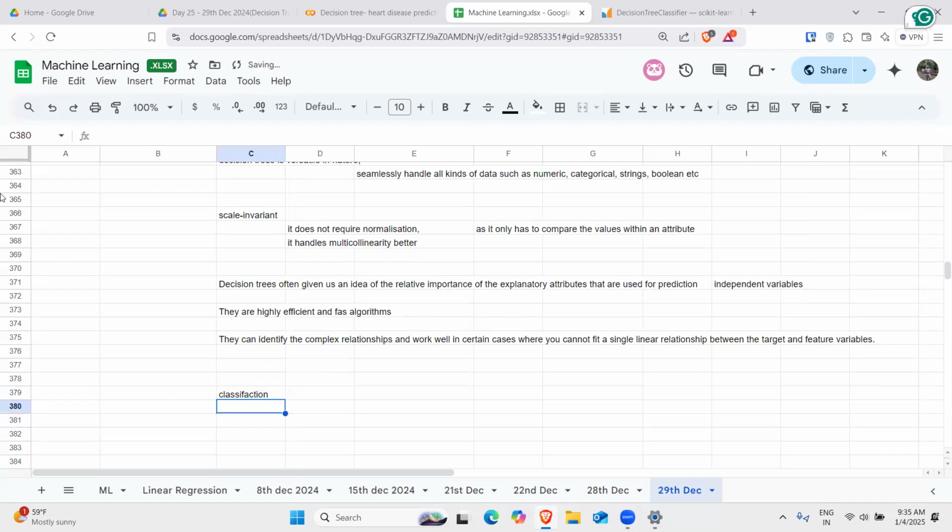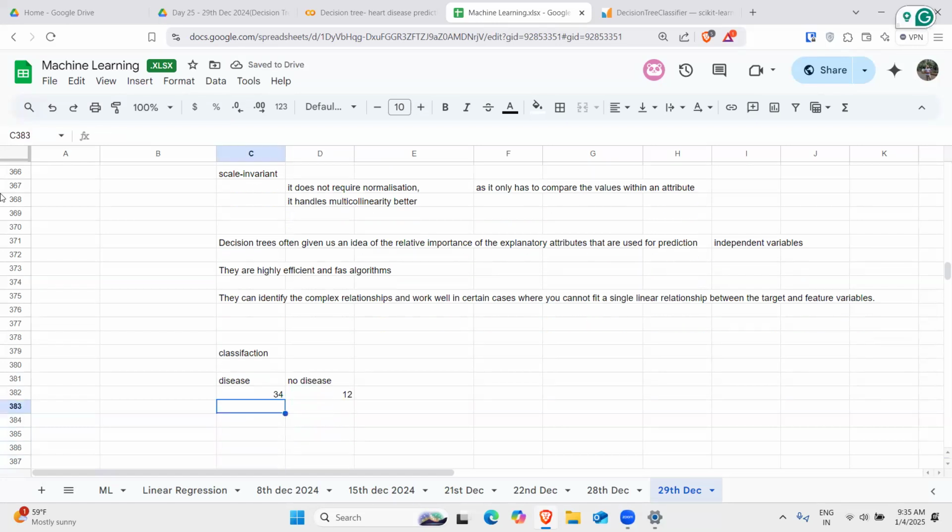Suppose you are working on a classification problem, let's say disease and no disease. Suppose for disease you have 34 outcomes, and for no disease you have 12. Based on the majority of the vote, we will go for the prediction as disease. The person has disease.